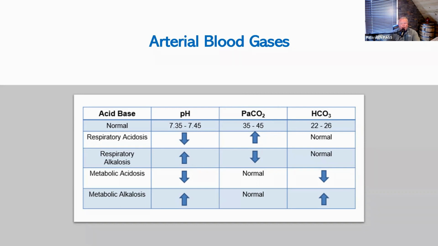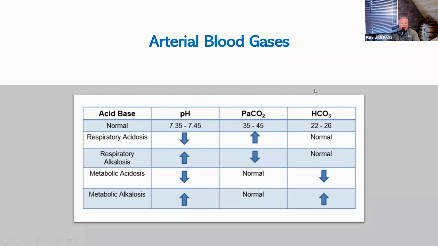I always kind of kept it in the back of my mind that pH and CO2 both have 35 and 45 in them. So the pH is 7.35 to 7.45 and the CO2 is 35 to 45. So hopefully it'll help you to remember what those numbers are. The other number here that is important is the HCO3, and that is the bicarb.